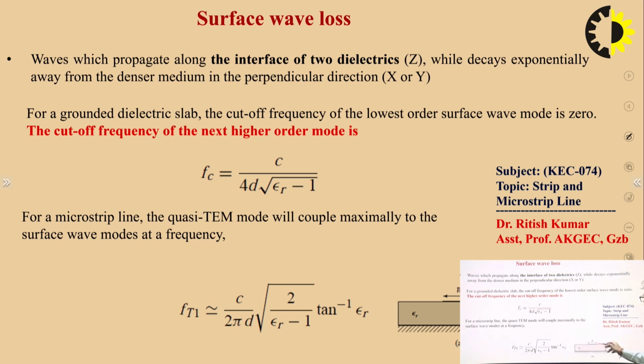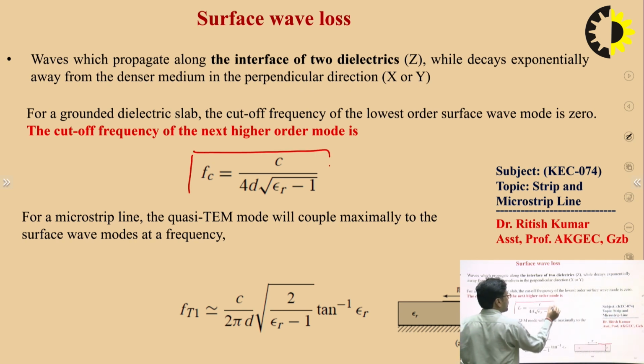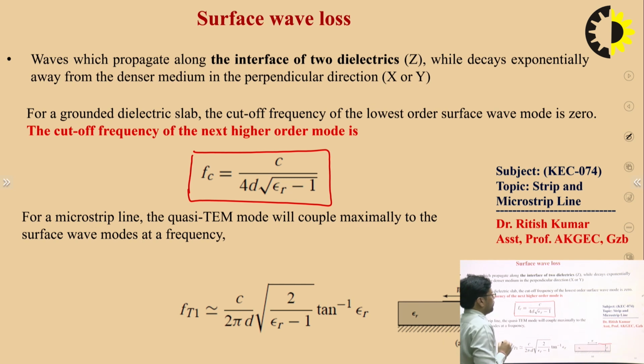At the interface we will have some kind of surface wave loss due to having different phase velocity, right? In terms of cutoff frequency, at more than a certain cutoff frequency, we will have a surface wave mode as well in the microstrip line.